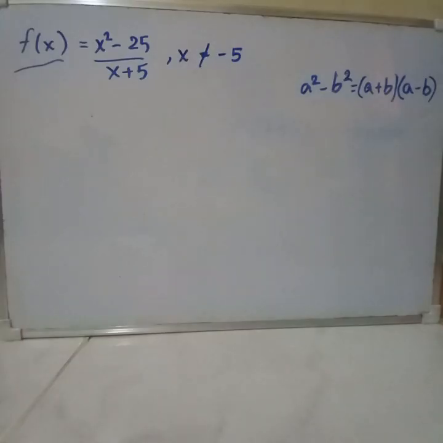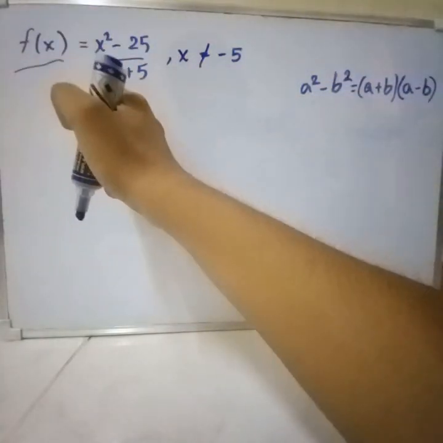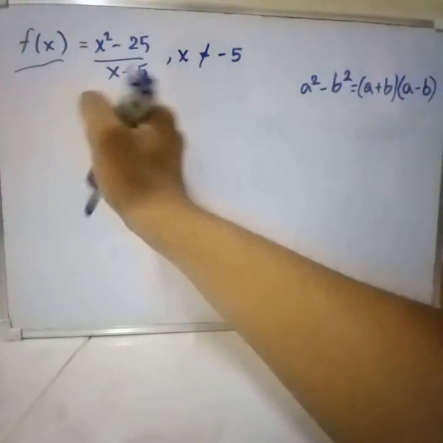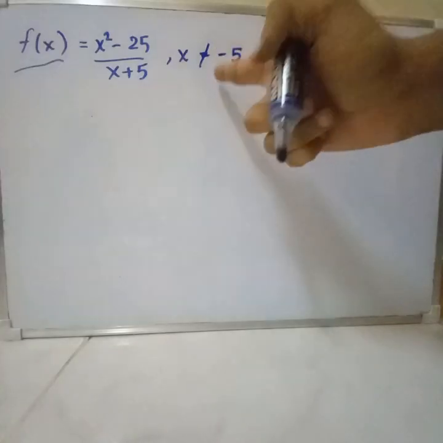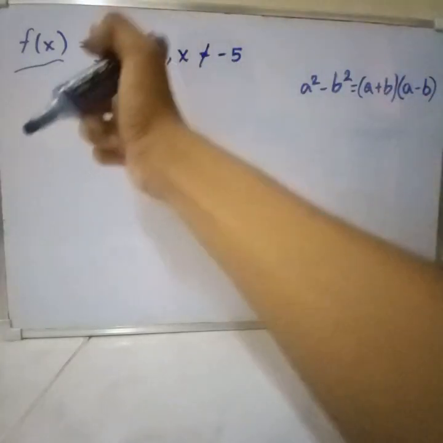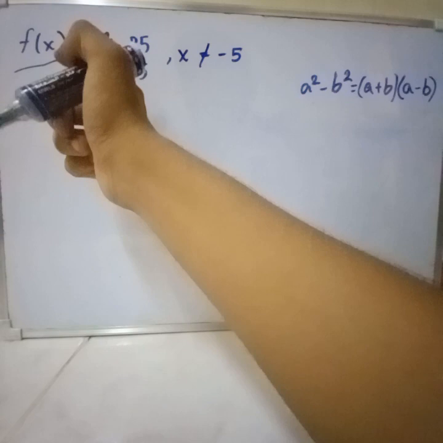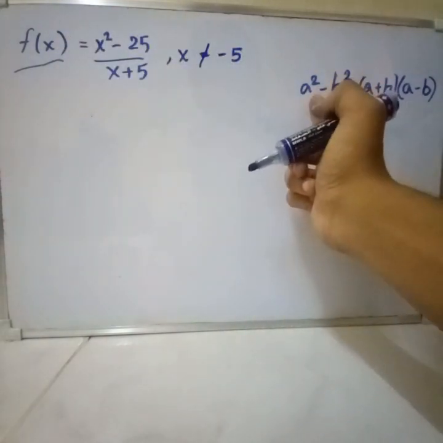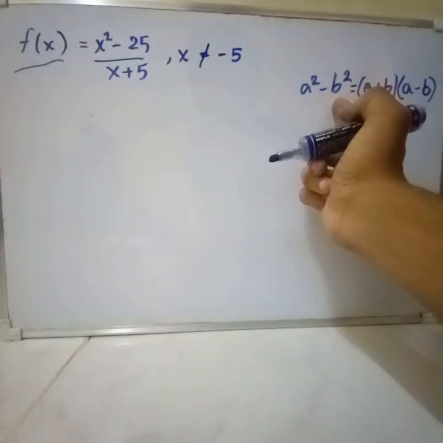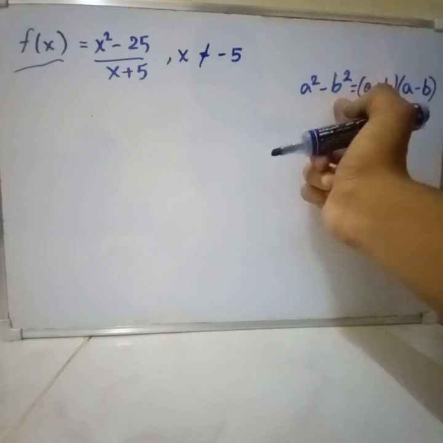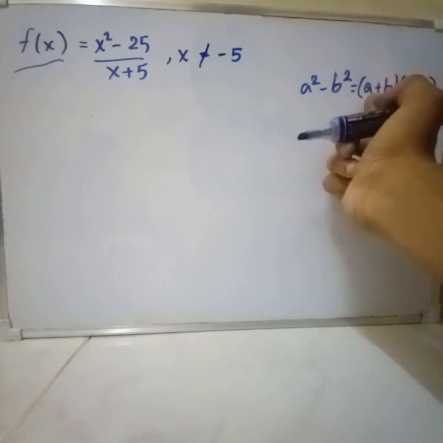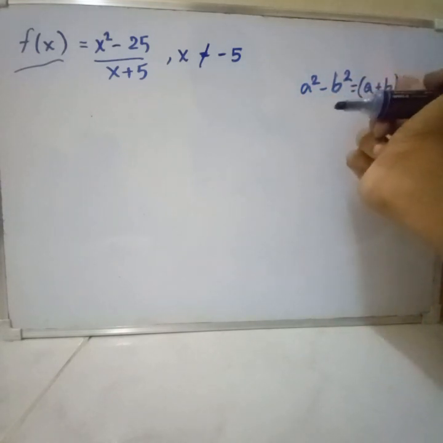We have one more question here, f of x. This function is equal to x square minus 25 over x plus 5, where x is not equal to minus 5. So if you check the numerator part, it can be written in this form, a square minus b square, right? And when you expand it, it will be equal to a plus b into a minus b.